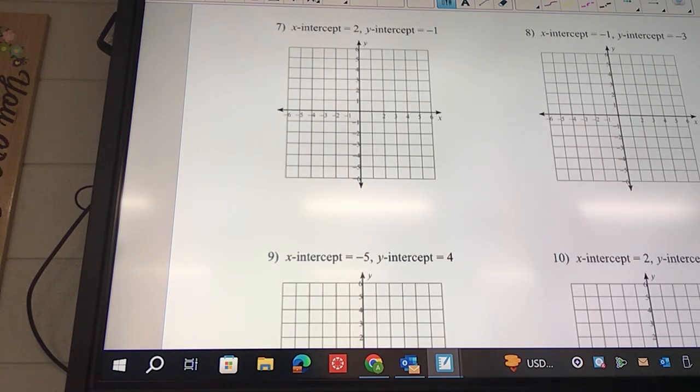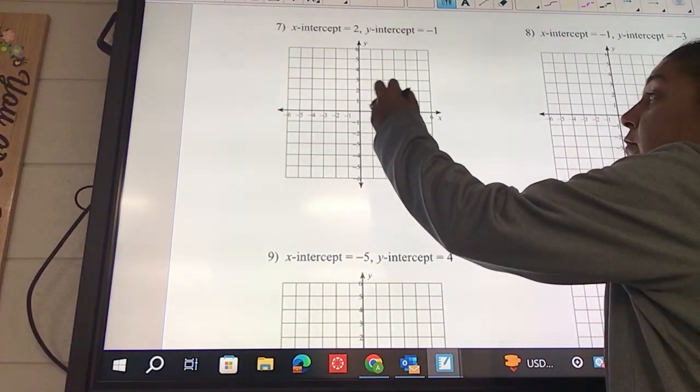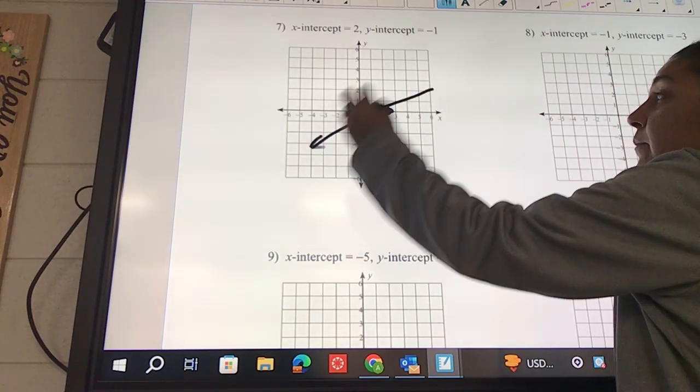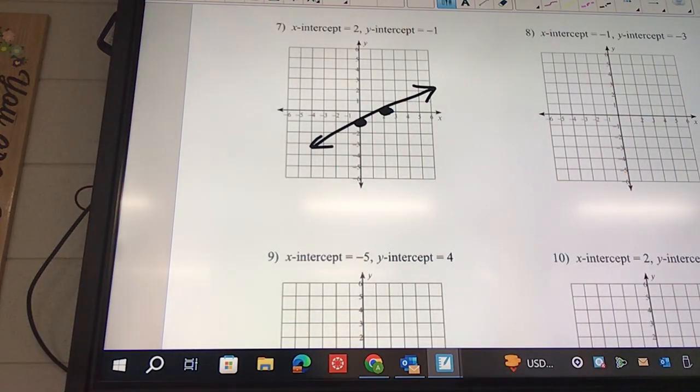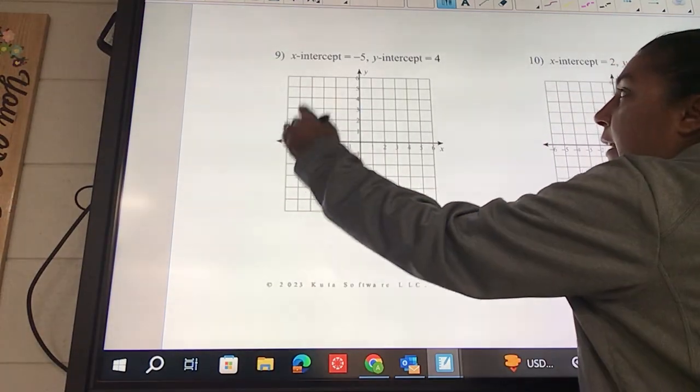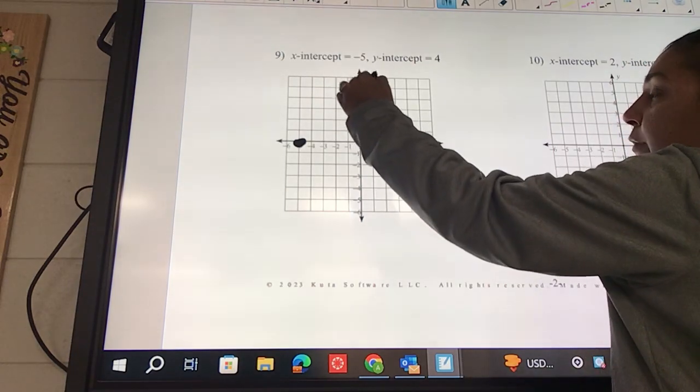Number 7, my x-intercept is at 2, and my y is at -1. And the last one, number 9, my x-intercept is at -5, and my y-intercept is at 4.